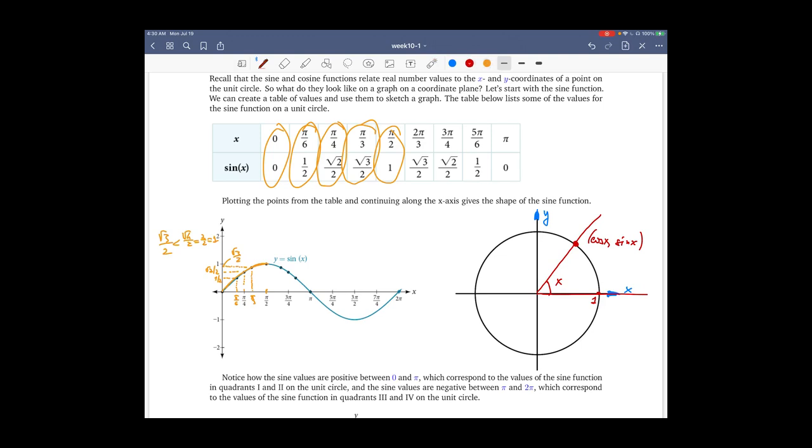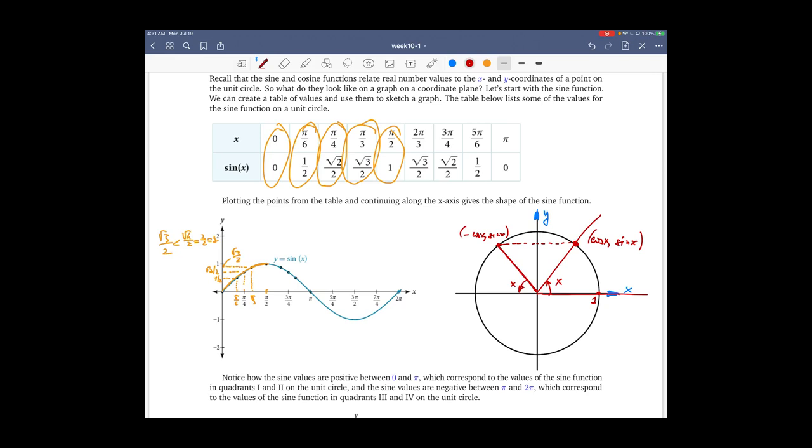and I find a point on the unit circle in the second quadrant that is symmetric about the y-axis to this point, so its coordinates will be negative cosine x, sine x, immediately we see that this angle here is also x.